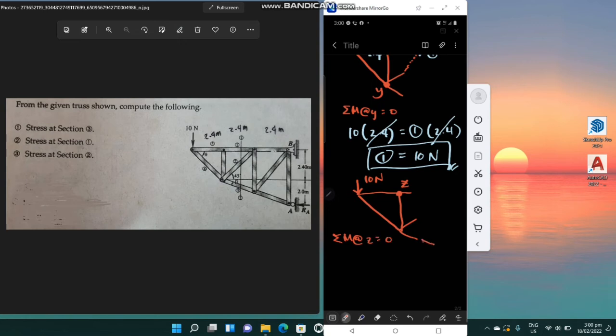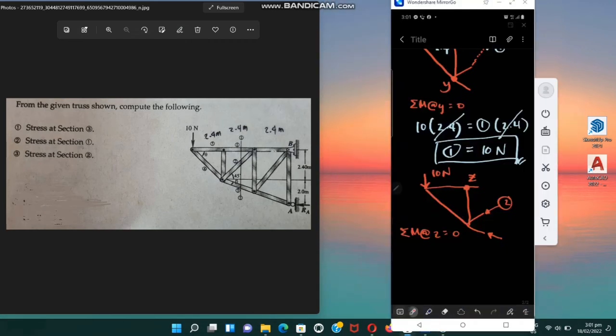So if this is compression, kung i-assume na to na mo counter sila tanan sa 10, i-assume na lang na to ni siya nga si number 2 na compression po. Anyway, we will still get the same value kung dili mao yang direction. Kung negative siya, therefore ato i-change ang direction.